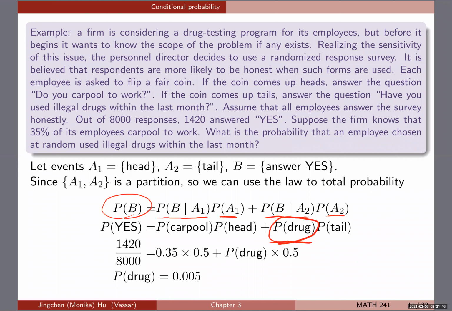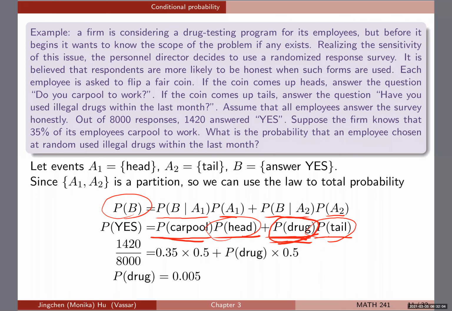Notice that here we're using P(carpool) and P(drug). Given the question, they are conditional probabilities given the outcome of the coin flip, but at the same time they are marginal in their own sense.